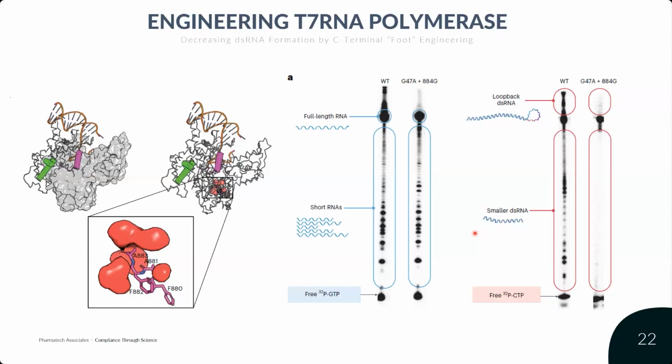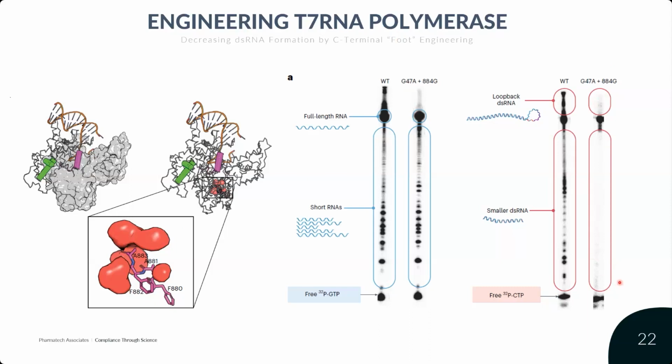And what you'll see is that in their engineering efforts, they were able to show that both loopback double-stranded RNAs and smaller double-stranded RNAs can be almost eliminated from this in vitro transcription reaction via engineering of this T7 RNA polymerase. So I think this is pretty exciting stuff.